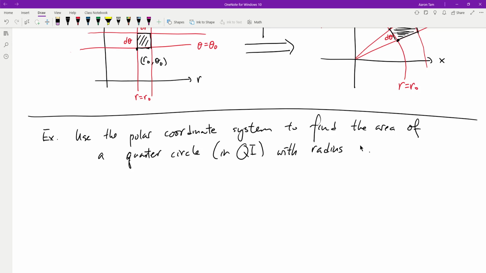Let's make it numbers. Why not? Let's say 2. How's that?